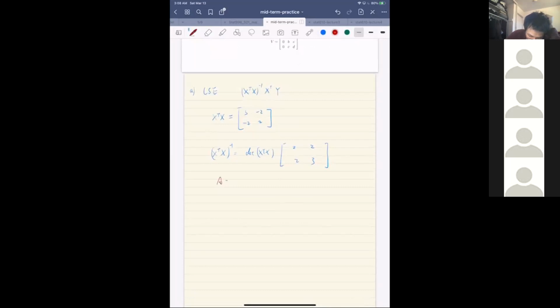So A is equal to A, B, C, D. And the A inverse will be the determinant inverse. Okay. And you swap D and A and put a negative on C and B. Okay.